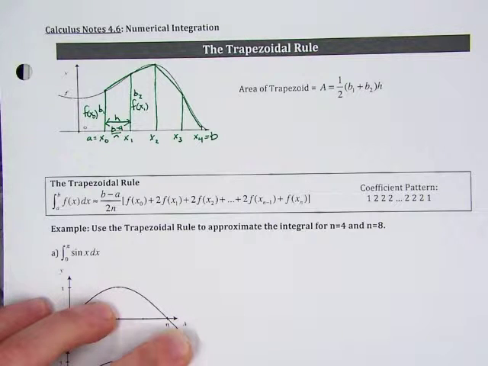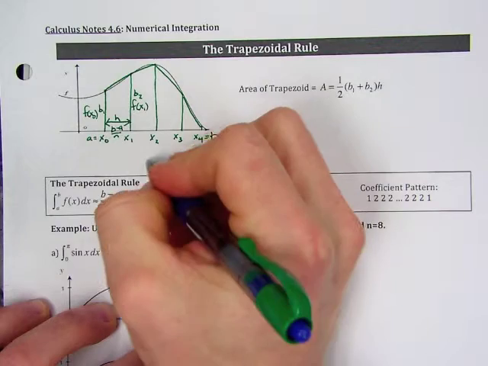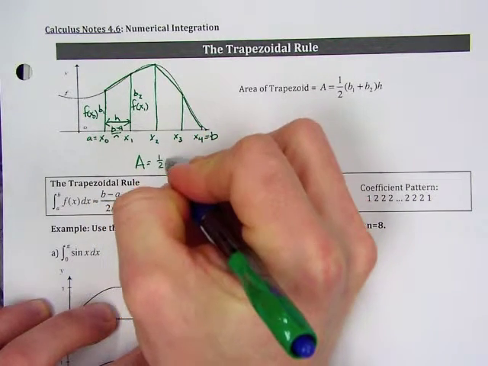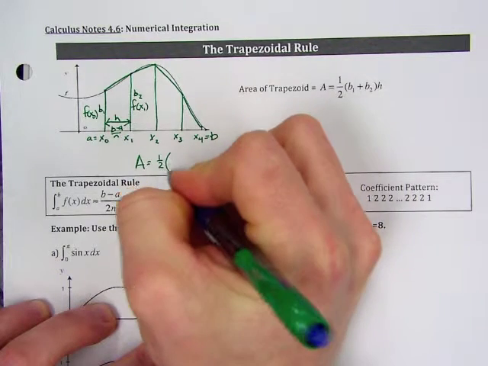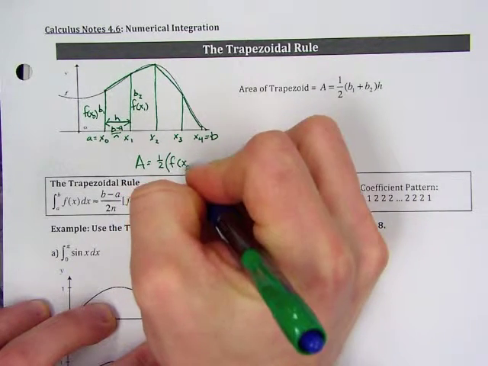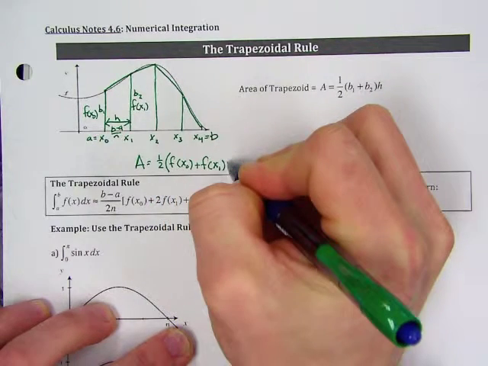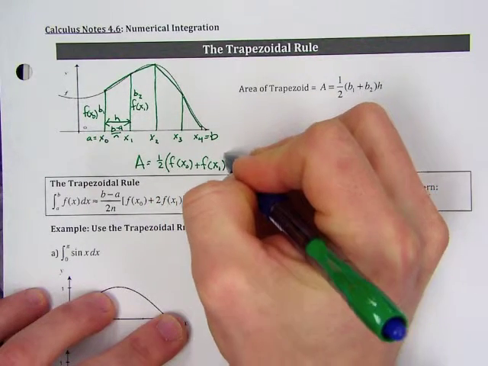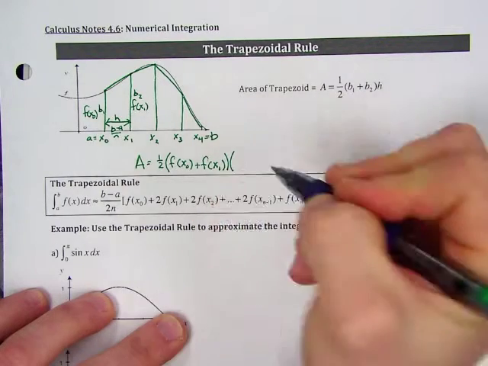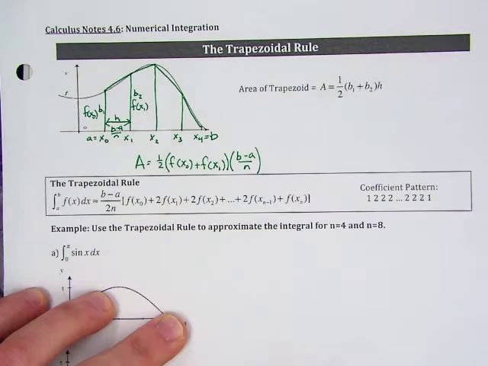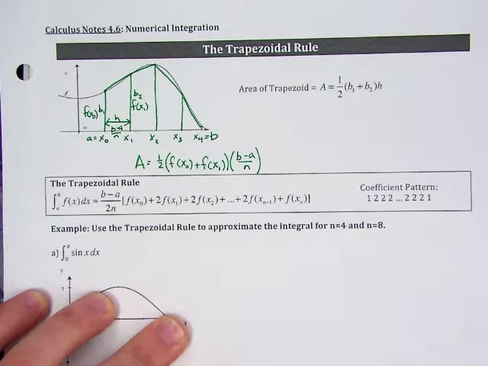So when we want to find the area of all of this, we would just take our first trapezoid, which is 1/2 times (f of x sub 0 plus f of x sub 1) times the height, which is (b minus a) over n. And that would be for the first trapezoid.